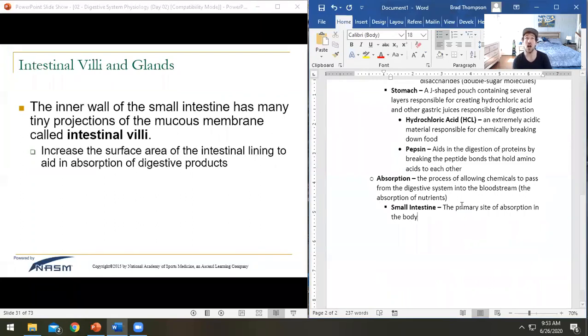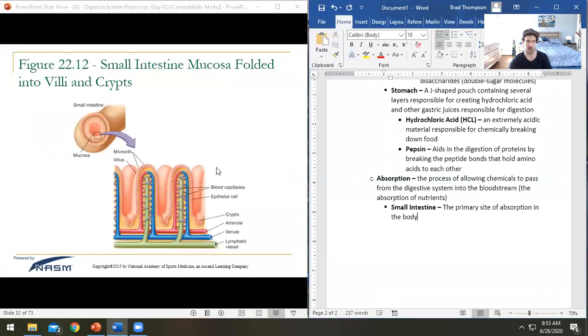It is covered head to toe in these little tiny hair-like projections called villi. The inner wall of your small intestine has these intestinal villi, and their job is to increase the surface area of your small intestine.